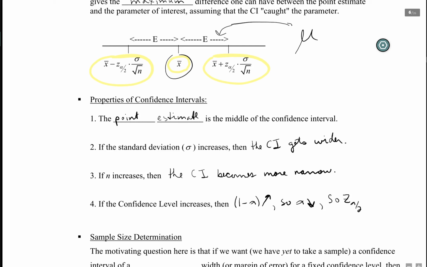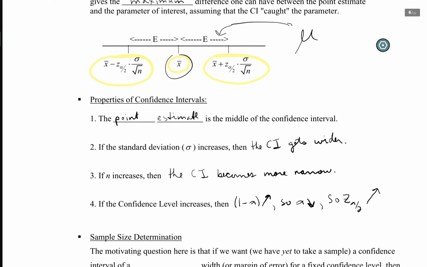If that subscript gets smaller, that forces me to go further out in the tail of the standard normal distribution. So that z percentile actually gets bigger, and then the margin of error is going to get bigger, and my confidence interval is going to get wider.